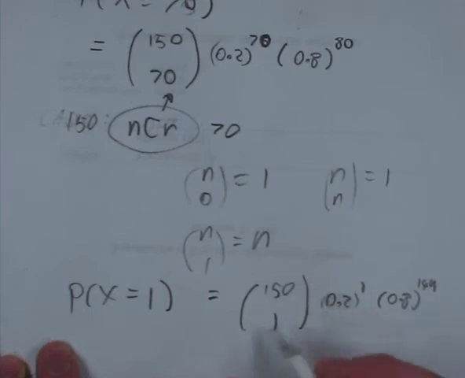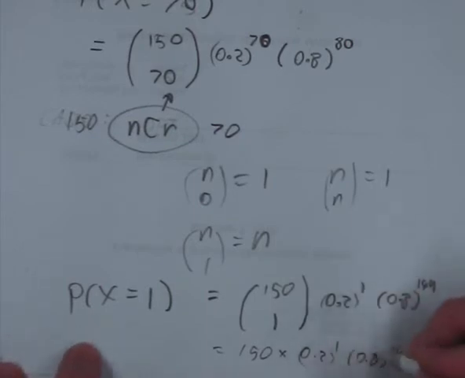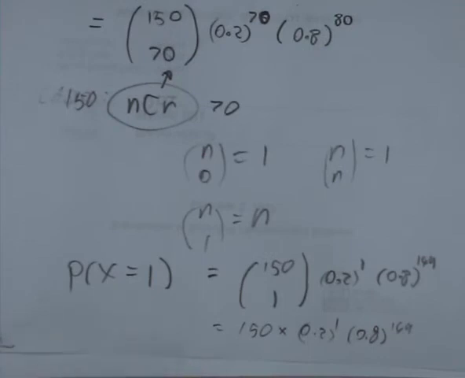And 150 choose 1 is just 150. If you're ever interested in how that works, there are other formulas for how to calculate nCr, but you should find out where it is in your calculator to do it directly, because you just don't have that much time, and you probably prefer to focus on something else.